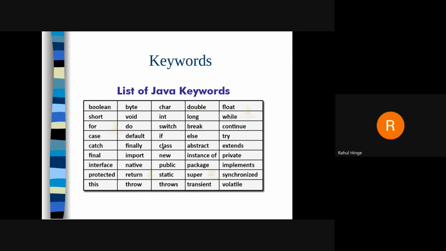These are the list of keywords which are normally used in writing Java programs. The compiler understands them by their meaning. We have used int and void, so they have their own meaning. So this keyword we cannot use as a variable name. Fine. Yes, sir.